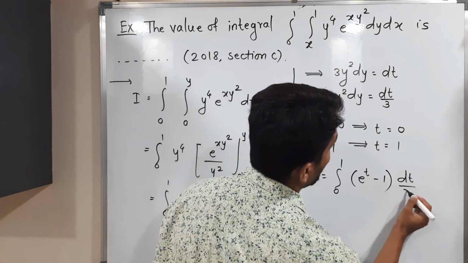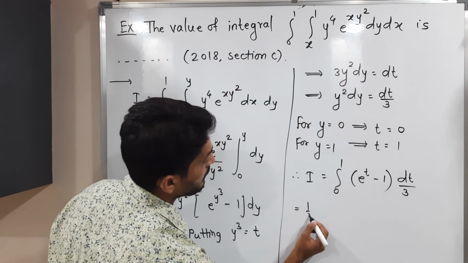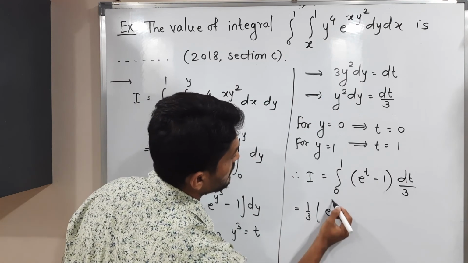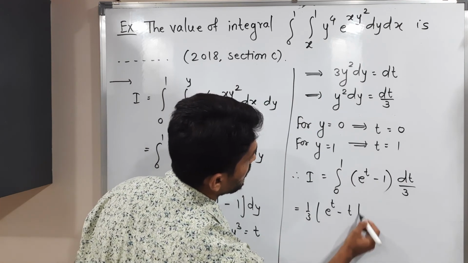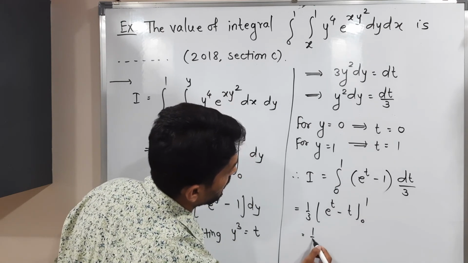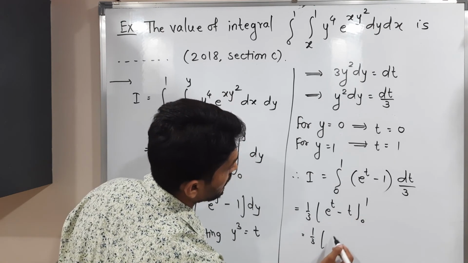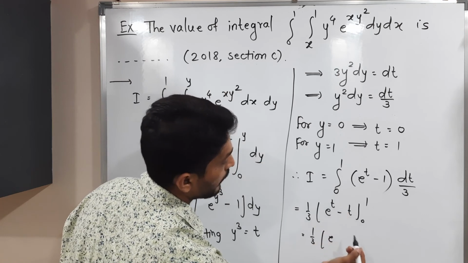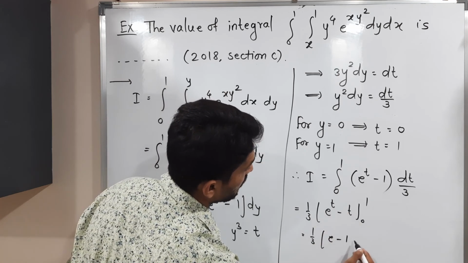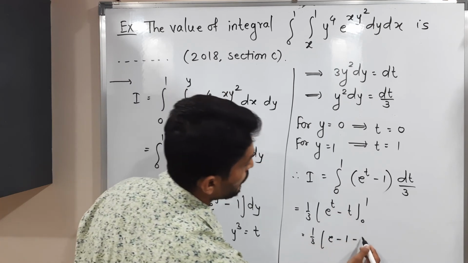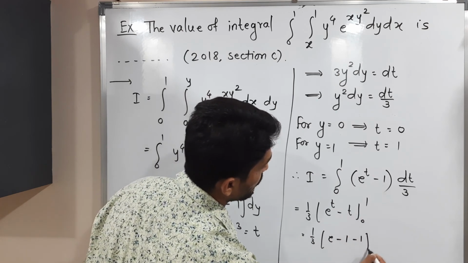So 1 by 3 is constant and will come outside. The integration of e raised to t is e raised to t, and the integration of 1 is t, from 0 to 1. I put the upper limit: e raised to 1, which is e, minus 1, minus, if I put 0, e raised to 0 is 1, and 0.